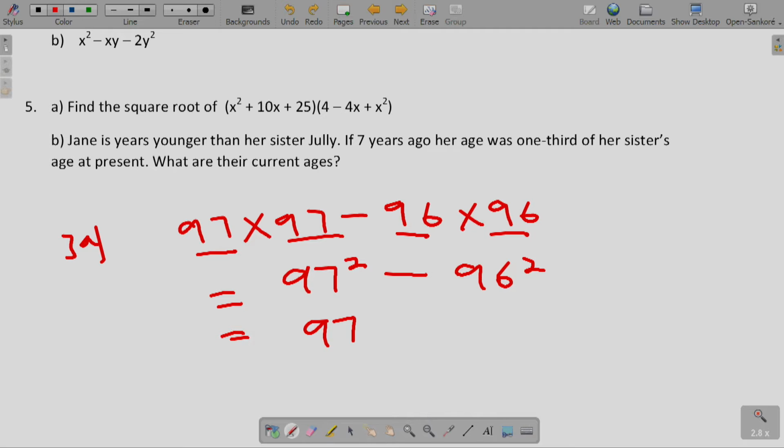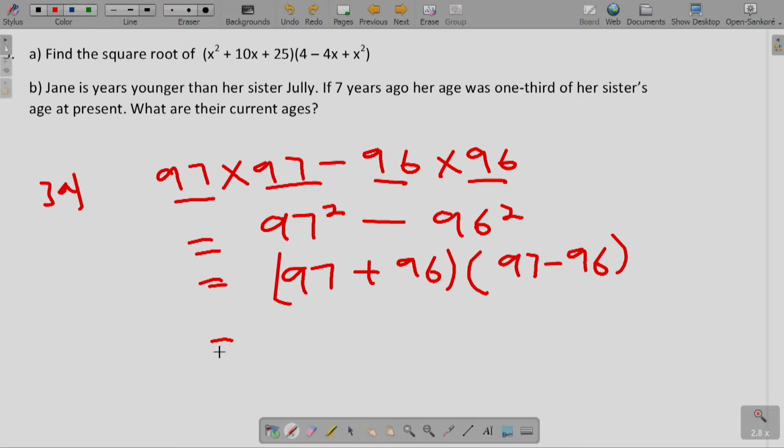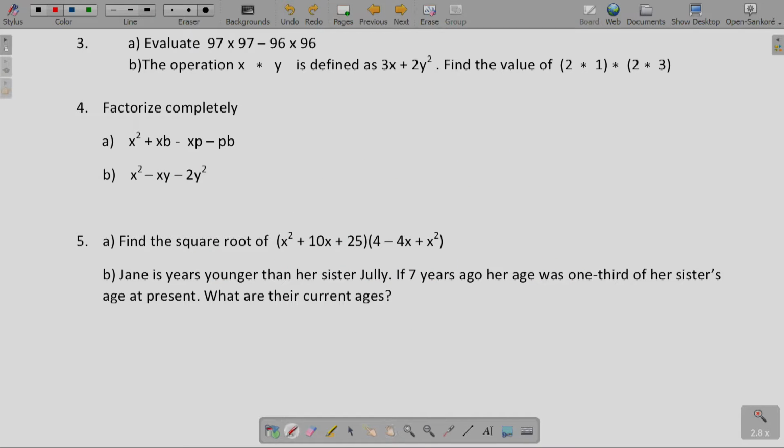So this is equal to 97 plus 96 times 97 minus 96, and this is equal to 193 times 1. So the answer is equal to 193. Let's now move to question 3b.